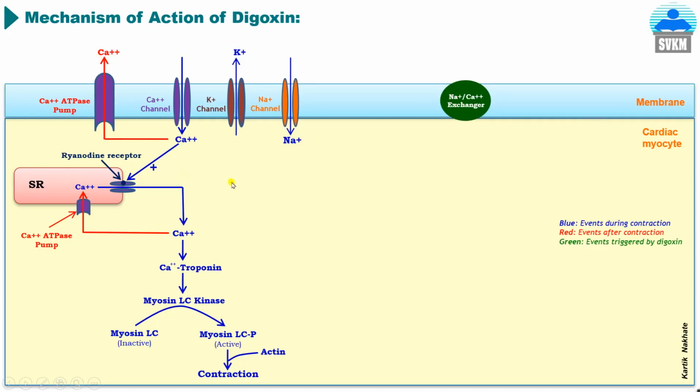In addition to the calcium ATPase pump, the sodium potassium ATPase pump plays a crucial role in restoring sodium potassium electrochemical gradients across the plasma membrane. In cardiac myocyte, the sodium potassium ATPase pump expels 3 sodium ions out of the cell and brings 2 potassium ions into the cell for every single ATP consumed.